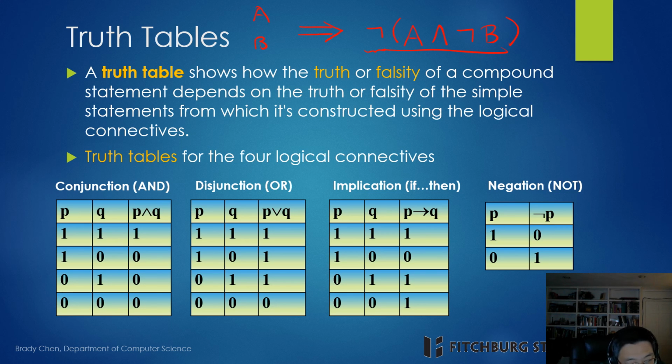Now, what is the value for this? Suppose we know the value for A and the value for B. Now, if we know A is true and B is true, so John is married and John's wife is married, then with our common sense, it looks like that's also true, right? Because the proposition inside the parenthesis says John is married and John's wife is not married.